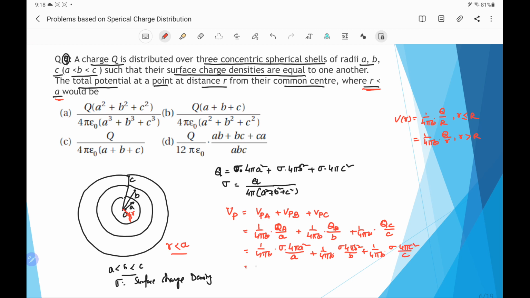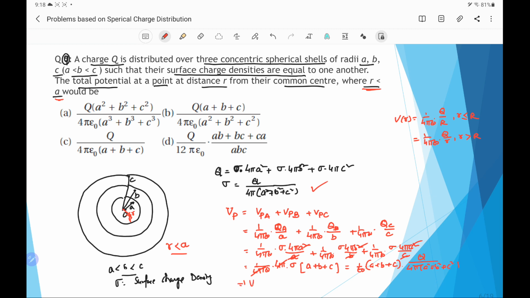So we can write it as 1 by 4 pi epsilon naught is common, again 4 pi is also common, and sigma is also common. The remaining is here A and A will cancel, B and B will cancel, C and C will cancel. So simply remaining is A plus B plus C. Here 4 pi and 4 pi will get cancelled, so we can write it is 1 by epsilon naught into A plus B plus C, and now sigma we have calculated, it is Q by 4 pi A square plus B square plus C square.